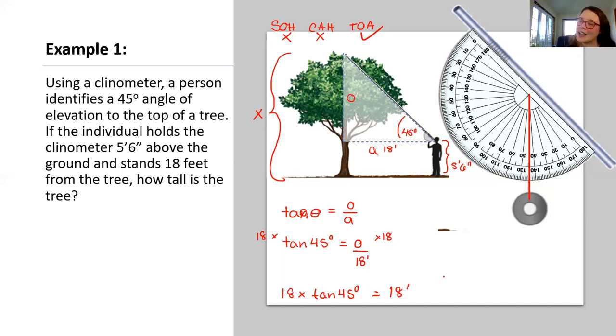Little tip for you. Anytime you have a 45-degree angle, the adjacent side and the opposite side will always be equal lengths. Okay, so there's a little tip for you if you want to throw that in your memory bank. A 45-degree angle will always give you an opposite and adjacent that are identical in length. So we know the triangle's opposite side is 18 feet. So the tree height?